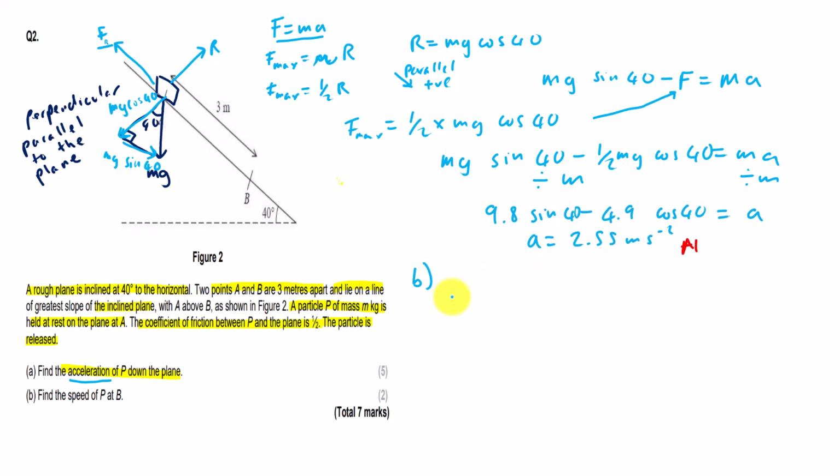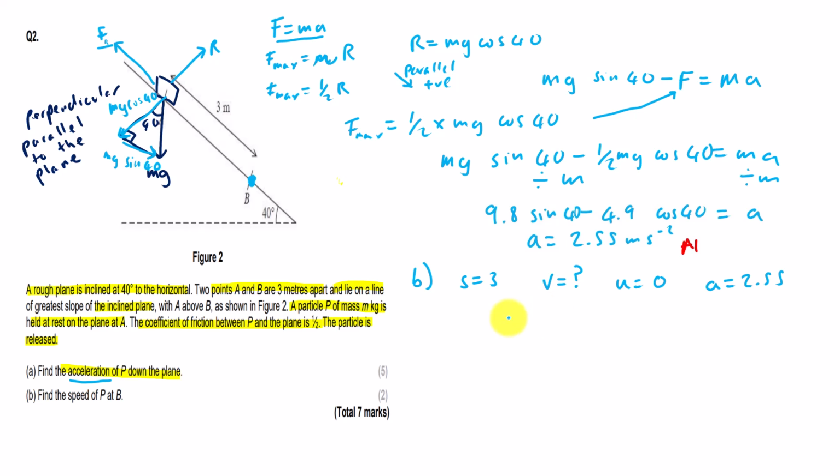Part B, it says speed of P at B. So here we go. We've got a distance of 3. We want a speed, so we want v. U starts at rest, so u is 0. Now we have a as well, 2.55.